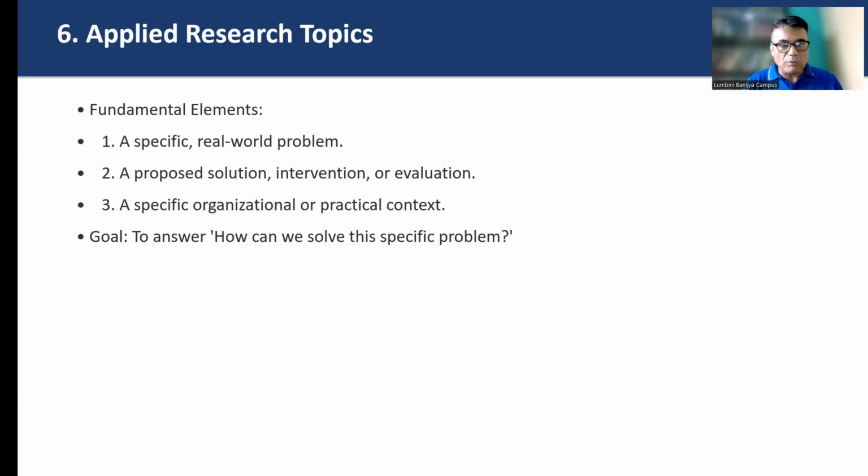So whatever topic you are interested in, please go to that one. In the case of applied research, the fundamental element you have to consider is a specific real world problem, a real problem that you are facing. A proposed solution, intervention, and evaluation is another necessary part of applied research.